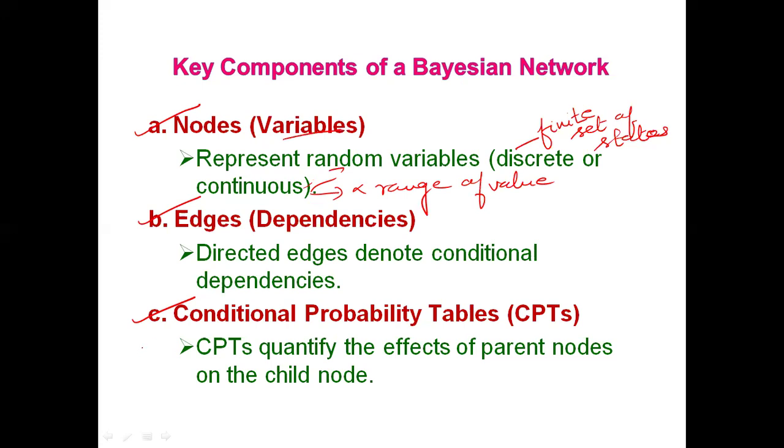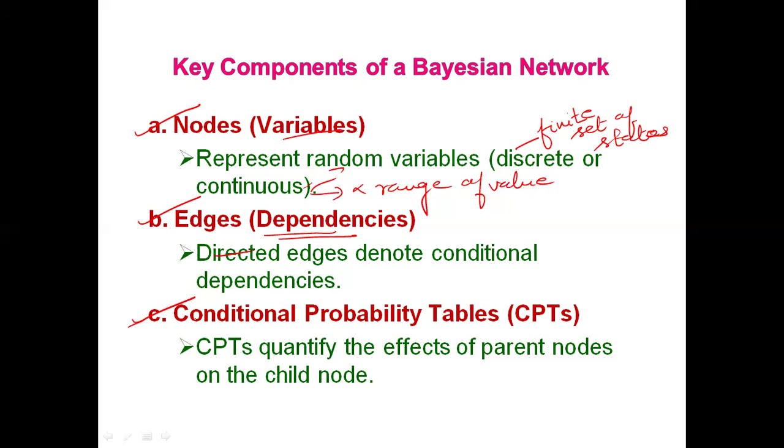Next, edges, which we are calling the dependencies. Edges represent the conditional dependencies between variables. A directed edge from one node to another indicates that the parent variable influences the child variable. These dependencies help in defining how information propagates through the network.